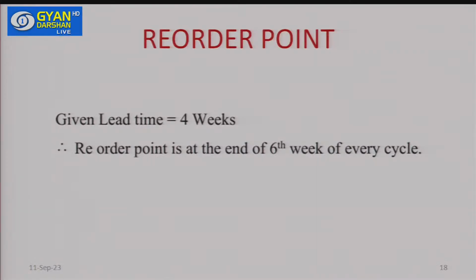Similarly, the lead time is given as 4 weeks. So for the reorder point, after every 6 weeks we have to place the order, because the quantity of the material will be exhausted within 4 weeks. So by the end of the 6th week, we have to place the order.